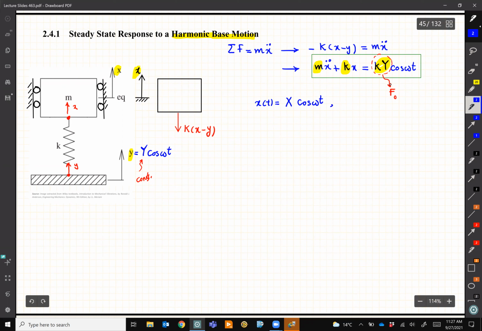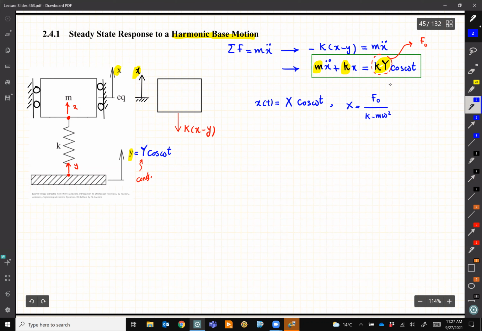And we know this X is, so this is our F0, right? So we learned that X is F0 over k minus m omega squared.